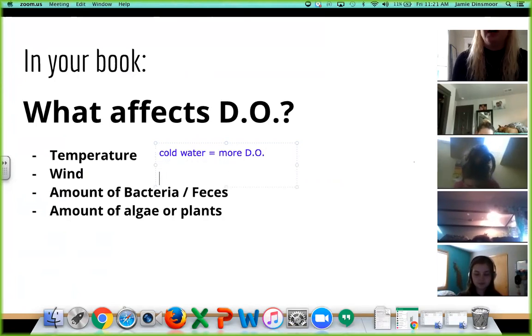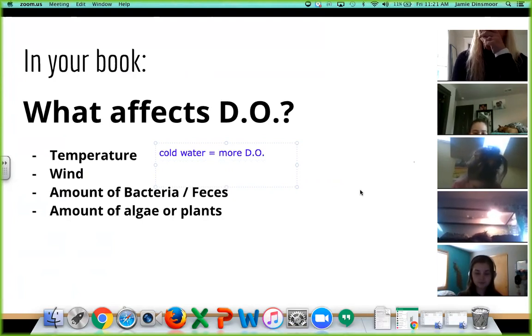Wind. How do you guys think wind might affect the dissolved oxygen? It would increase the amount, Juliana says. I would agree with you, right?